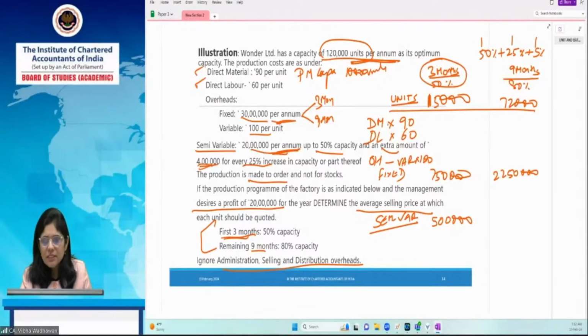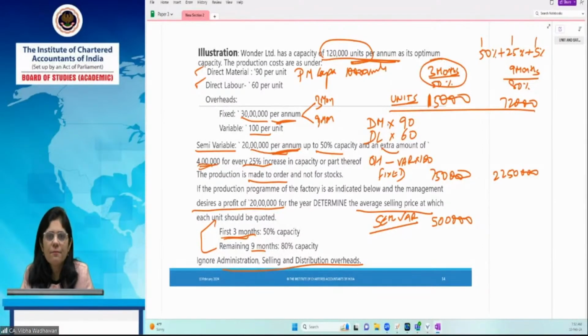I repeat, for 80% capacity for the rest of the 9 months, we have 3 categories. Till 50%, the amount applicable is 20 lakh. For next 25%, the amount will increase by 4 lakh. Beyond 75% also, even if it is 1% extra, still 4 lakh will be added.